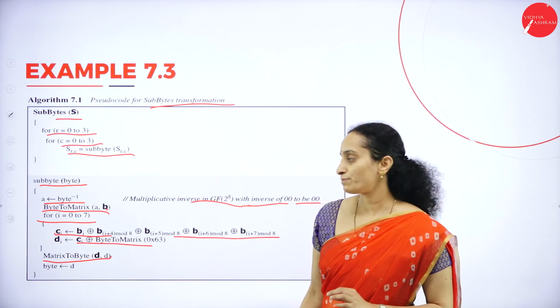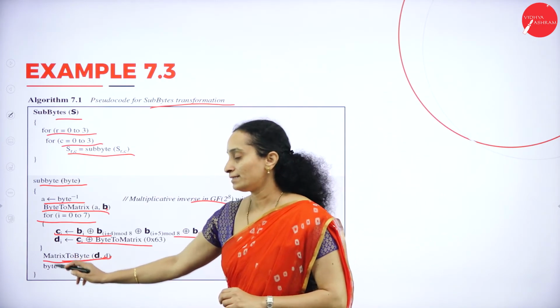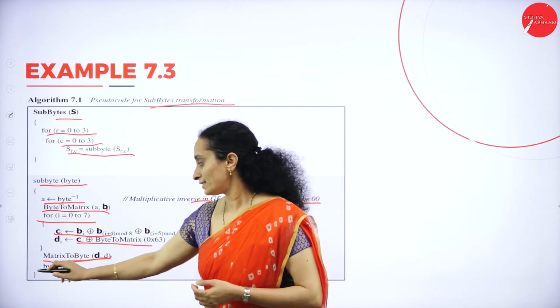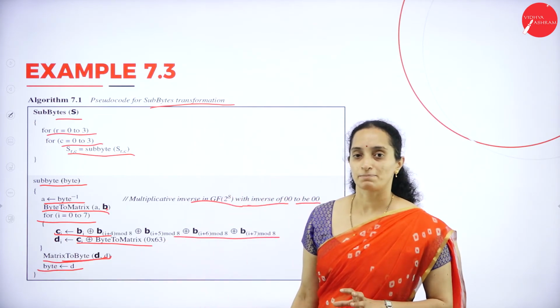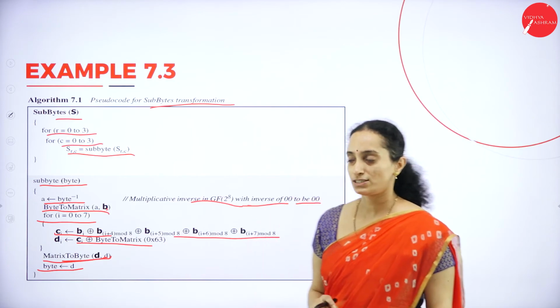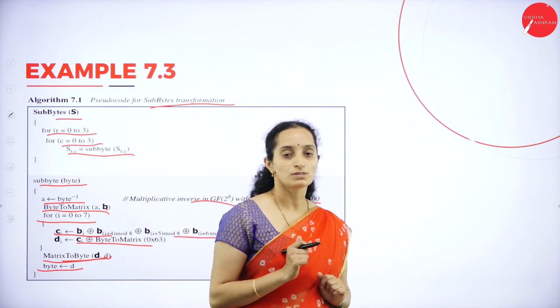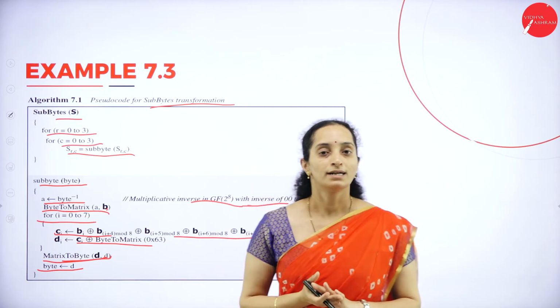Once the transformation is over, the byte will be again represented with the matrix and we get the matrix representation in the form of a state. This is about how you can transform using the substitution tables.